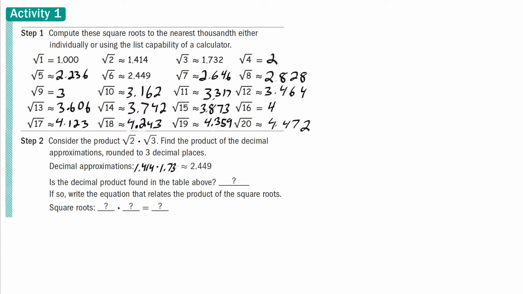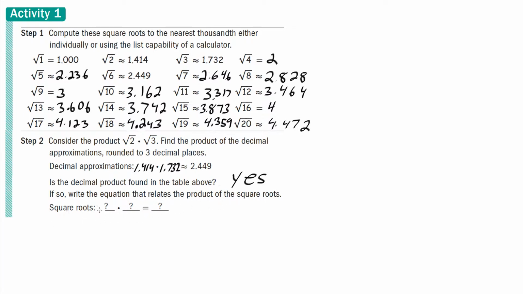And is this decimal product found in the table above? Is there a place where we find a 2.449? And the answer is yes, at root 6. And so if so, write the equation that relates the product of the square roots.